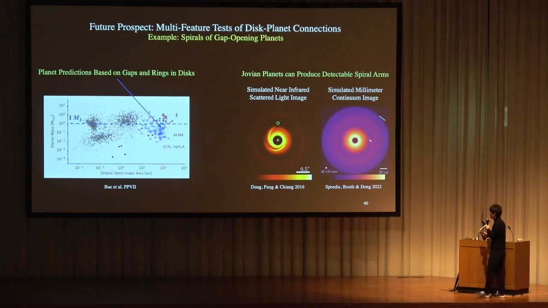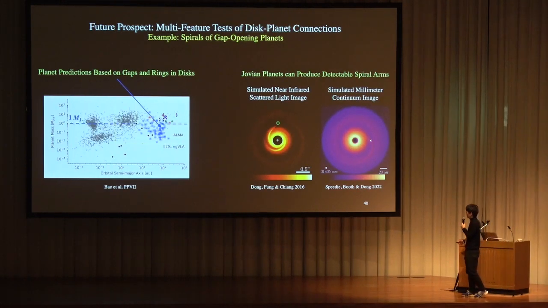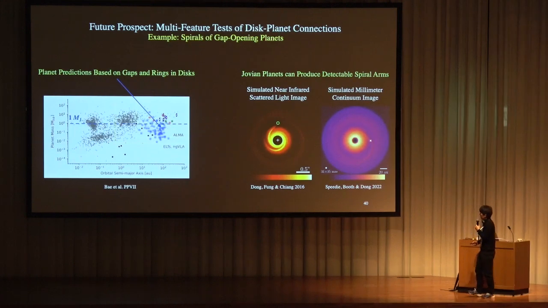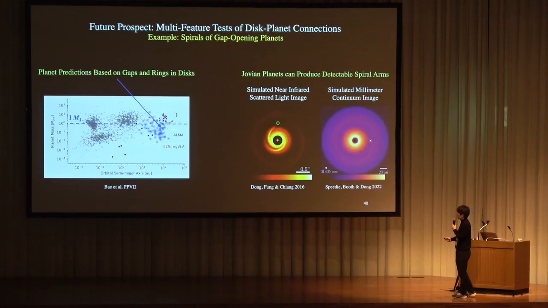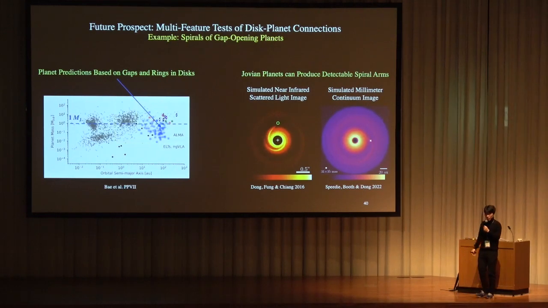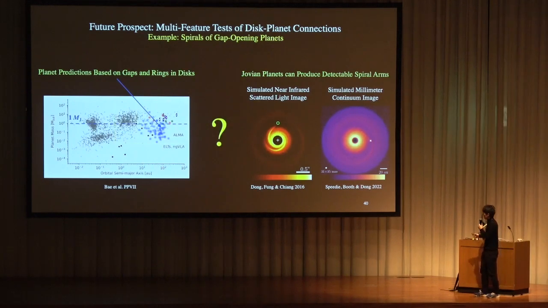So these two panels show synthetic observations of disks being perturbed by a Jovian planet at tens of AU in near-infrared scattered light and millimeter continuum observation. You can clearly see the spirals. So for these predicted gap-opening planets, can we really see the spirals produced by them? That's a test to the planet hypothesis here.